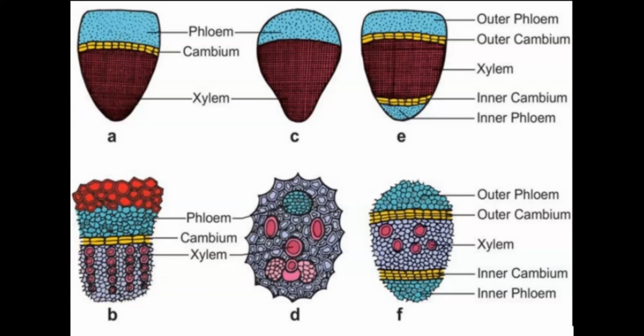The second one, this bundle. If you want to write three words together for it, which combination of three would you write? Yes, conjoint collateral closed. Without cambium between phloem and xylem, it's conjoint collateral closed. Where is it seen, in monocot root or dicot root? Write it fully. Root or stem? See, Rudra wrote monocot root. I wanted the same mistake to happen from your side. I said radial arrangement is in the root, so how come root is the answer in this case?